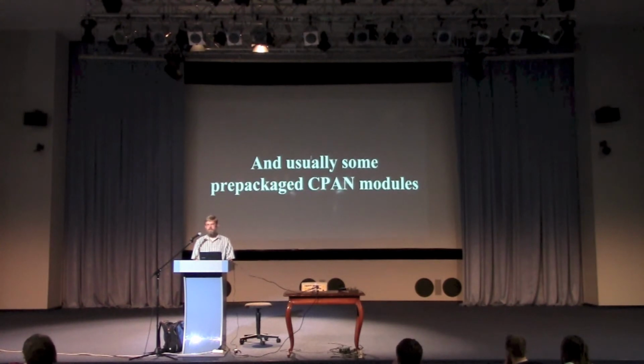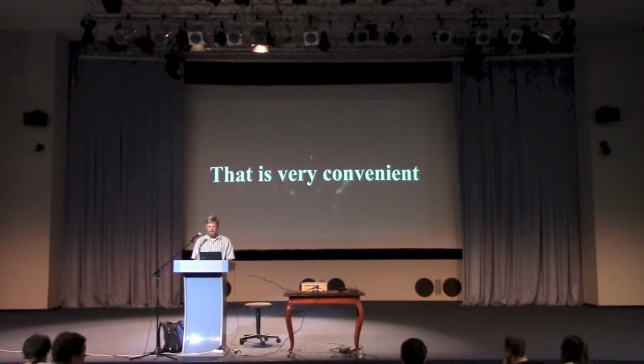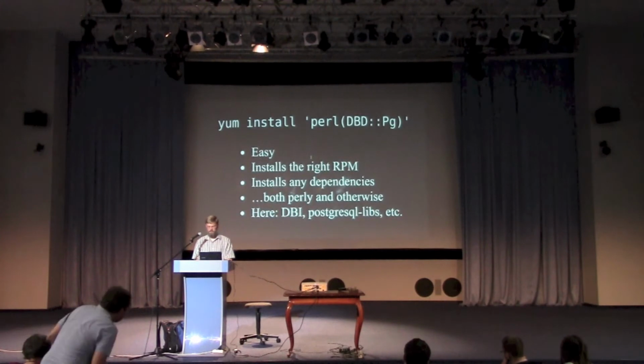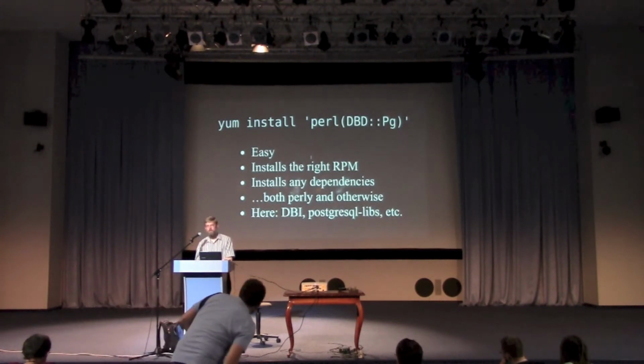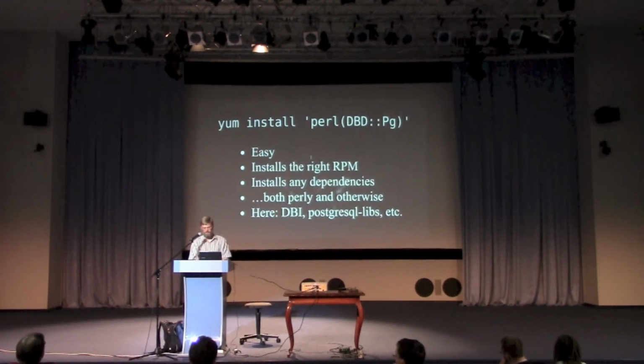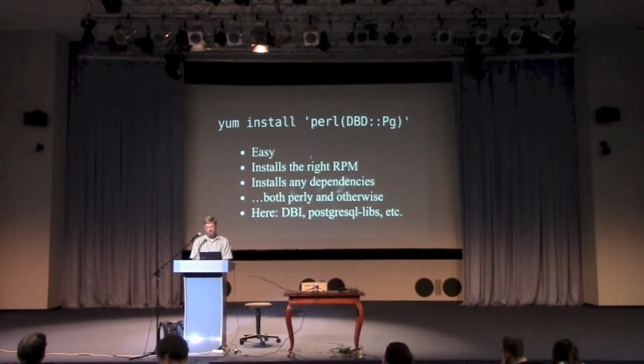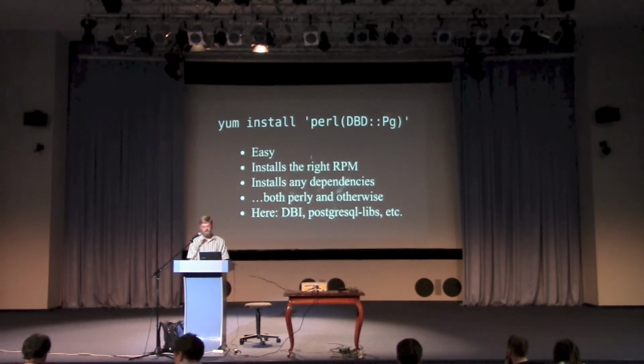Usually they come with some prepackaged CPAN modules, which is very convenient. For example, on Red Hat Enterprise Linux, or CentOS, or Scientific Linux, you can do a single command, yum install, and then a special format for naming a Perl dependency. In this case, it is for the CPAN module, the Perl module dbd::pg, and that's it.